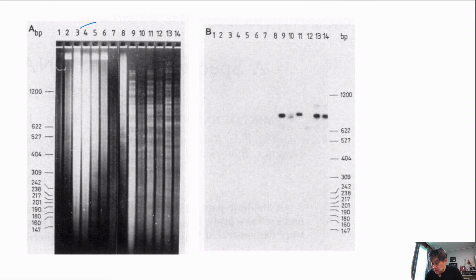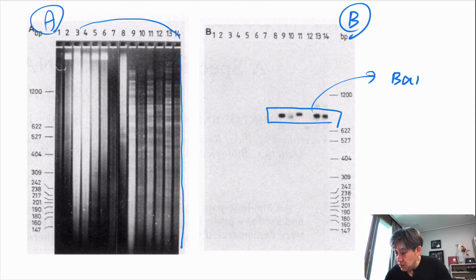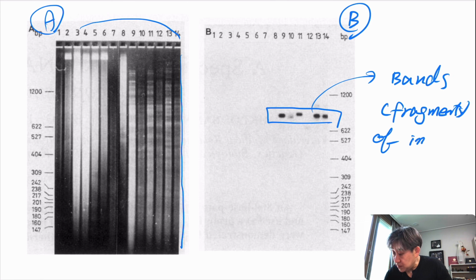This is the original DNA gel electrophoresis pattern cut with a given restriction enzyme, whereas this is a gel and DNA sample now cleared, so that it is only showing the DNA bands or DNA fragments of interest.